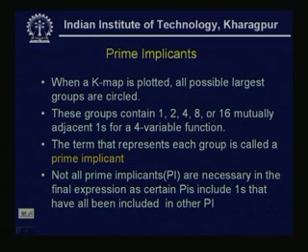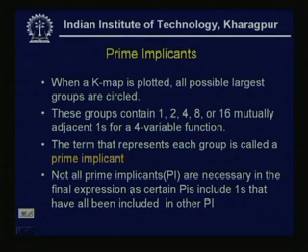Now, what we will notice is that not all prime implicants are necessary in the final expression, as certain prime implicants include ones that have already been included in other prime implicants, because we have identified all the groups, whether it is a couple or quad, or for larger variables an octet.